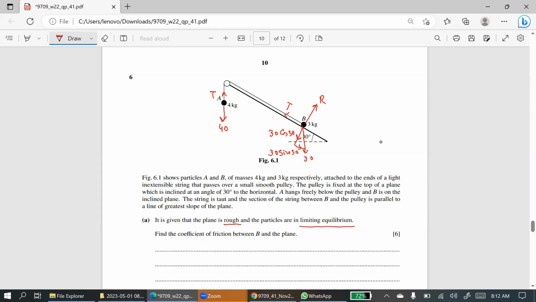Now, tension is equal to 40. Because the particle is in equilibrium, these two forces should be equal. Tension is equal to 40 Newton.